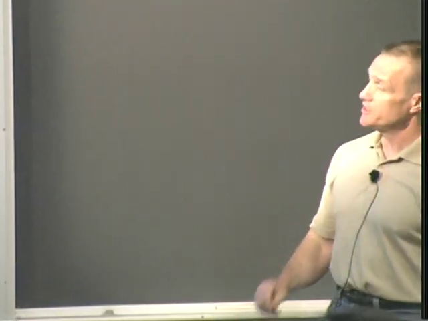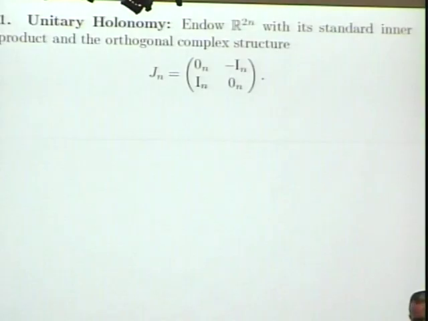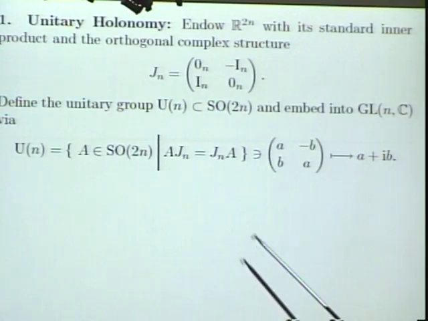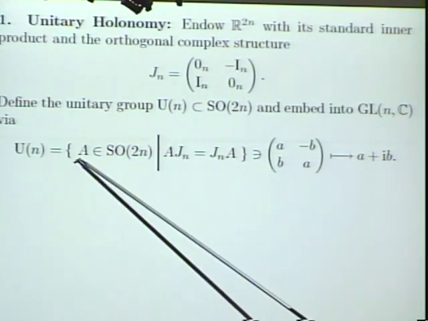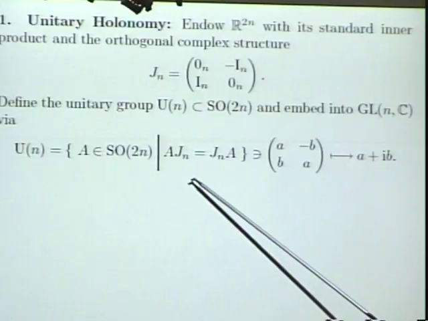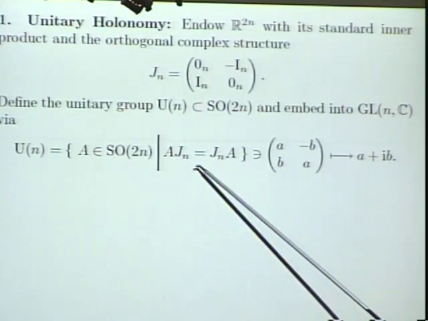So I'm going to start talking about unitary holonomy, and I'll remind you, just to get started, how we define the unitary group sitting inside the special orthogonal group. We endow R^2n with its standard inner product and orthogonal complex structure, and then the unitary group is the set of special orthogonal matrices that commute with this almost complex structure.